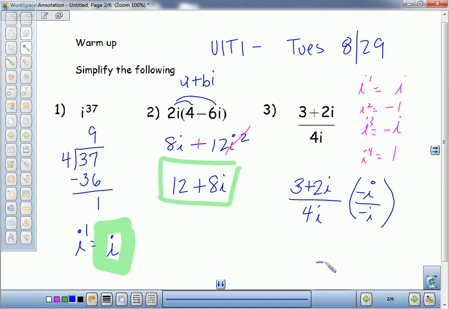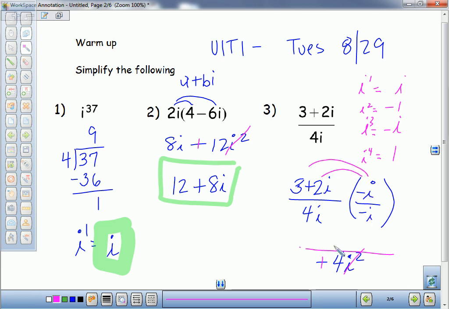You want this to be a negative number times i squared, because this i squared is going to change that negative right back into a positive. So if this were negative to start with, you'd multiply by +i over +i. But since the denominator was positive to start with, we multiply by -i over -i.